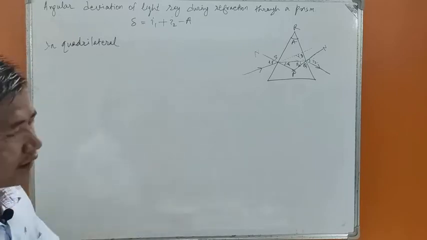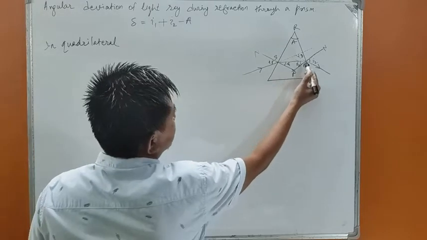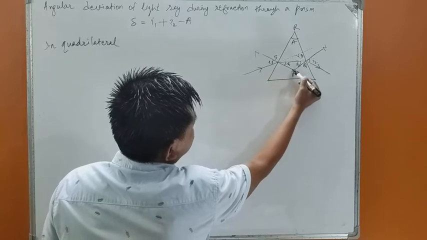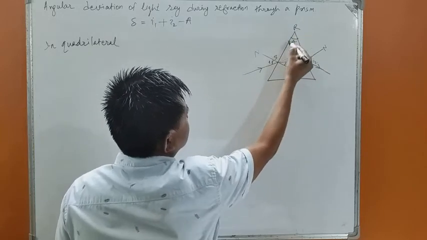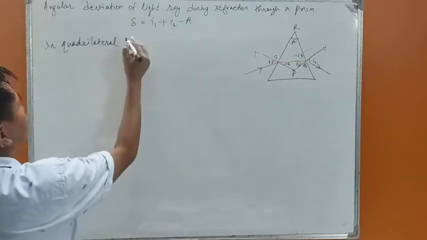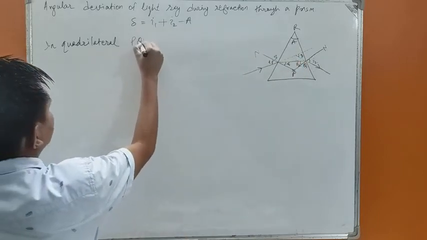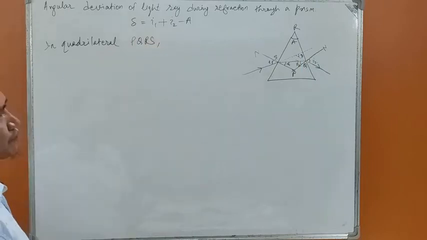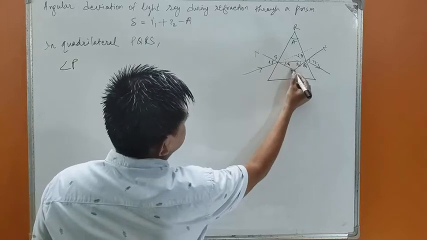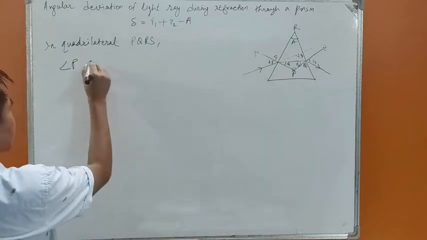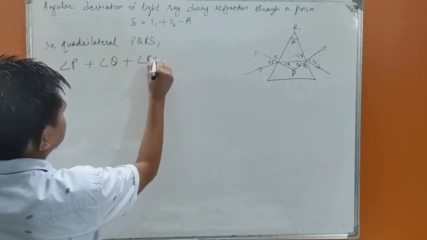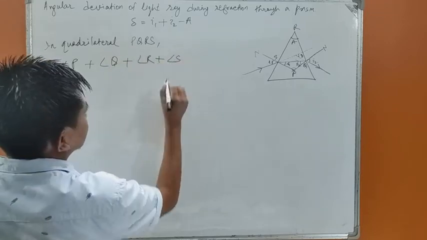So in quadrilateral PQRS, which has 4 sides, angle P plus angle Q plus angle R plus angle S equals 360 degrees.